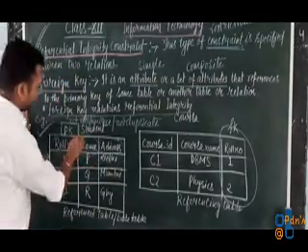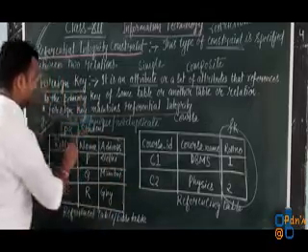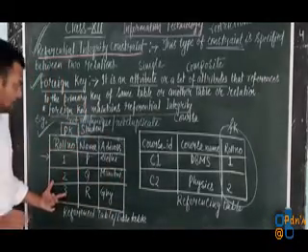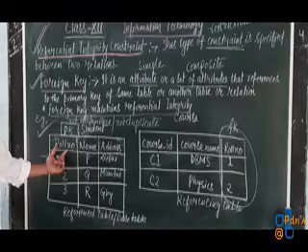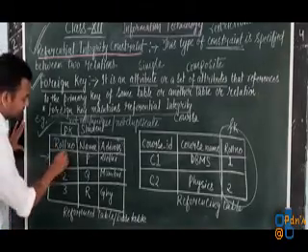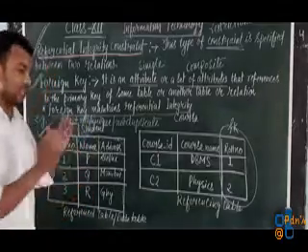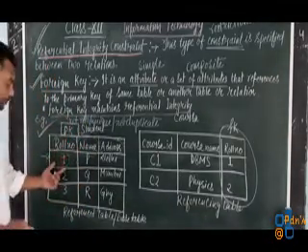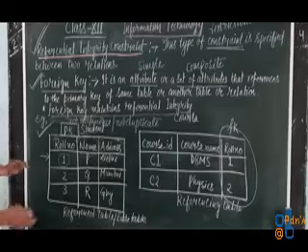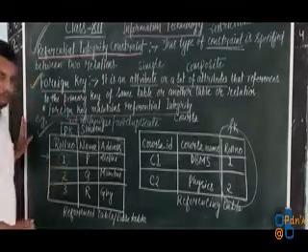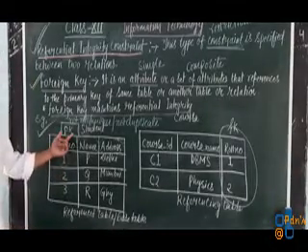So these two attributes cannot identify the relation uniquely. In order to do so, we have inserted the roll number column, and each and every student, whether the name is the same or different, or they belong to the same location or city, will be assigned a unique roll number. So this is a primary key.